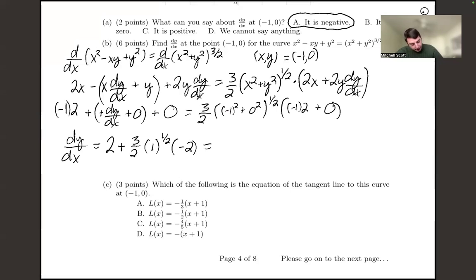Okay, so let's simplify a little more. We have 2 plus the square root of 1, which is 1, and then we have 3/2 times -2, which is -3. 2 minus 3 equals -1, right? So this is our answer for dy dx.